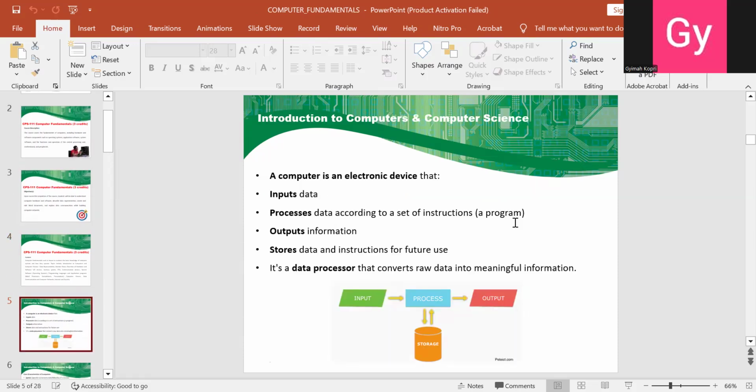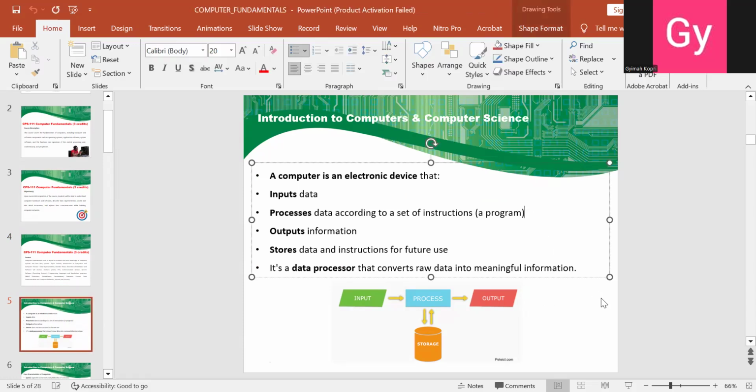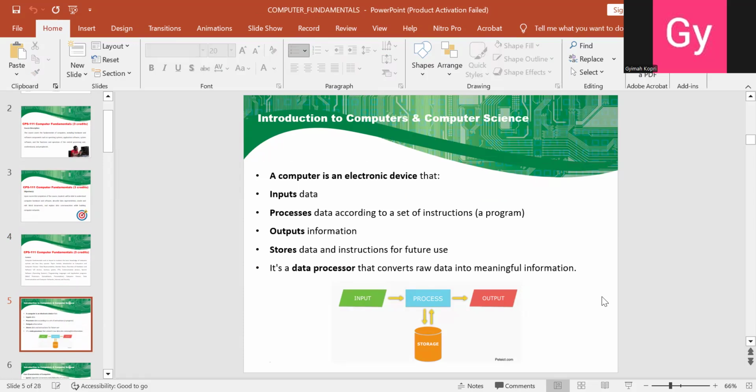Our first point to talk about is introduction to computers and computer science. This course is specifically created from the computer science point of view. So we will first look at the computer. The computer itself, or the computational system, has four main sections. When I go to class, I try to add a fifth section.